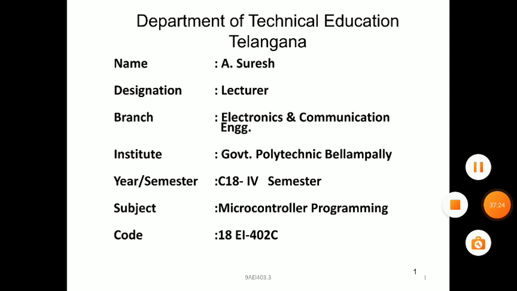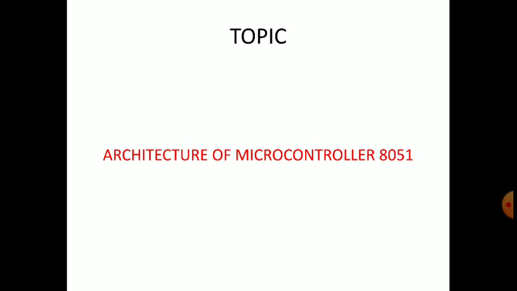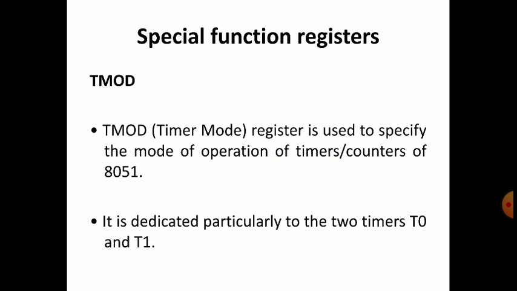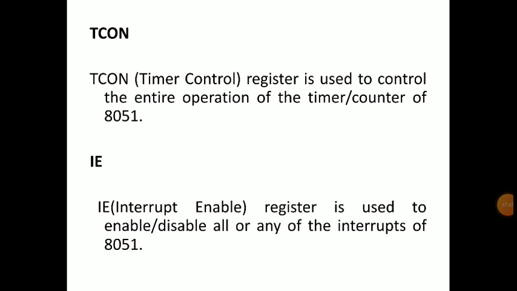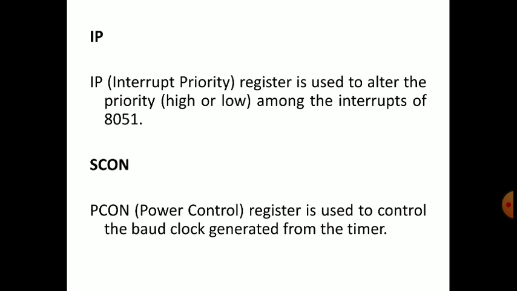Just to recap, because we have only less than 7 minutes, it's not the entire chapter, from the SFRs only these slides. The SFRs: TMOD register, timer mode register; TCON, timer control; IE, interrupt enable register, enables or disables all or any of the interrupts; IP, interrupt priority register, use it to alter the priority.